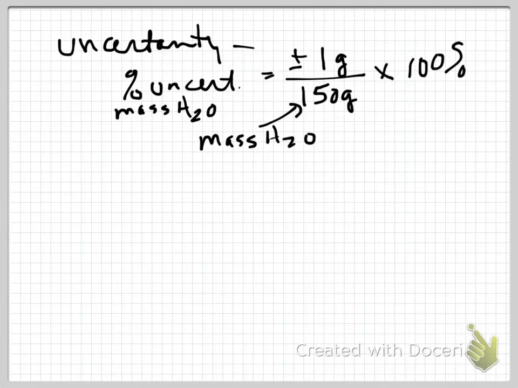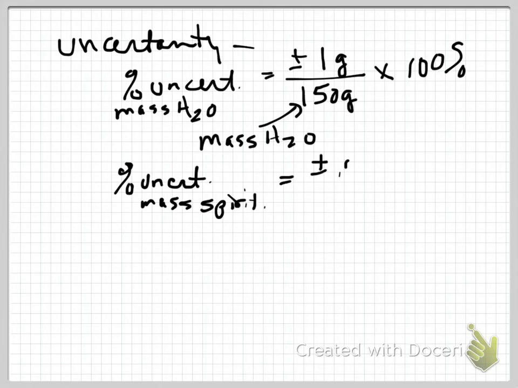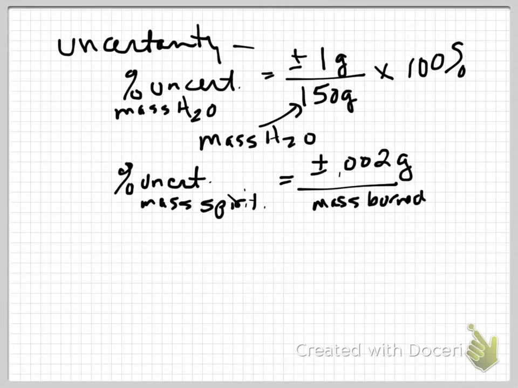All right, times 100%. The percent uncertainty for the mass of the spirit would be equal to plus or minus 0.002 grams. Remember, we have to add both of those uncertainties for the initial and the final over the mass burned times 100%.